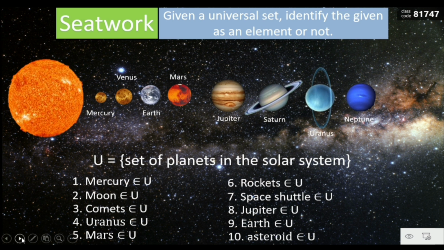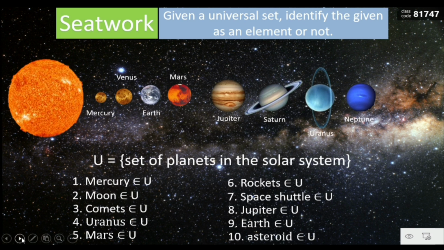The answer is no. Number four, Uranus is an element of the universal set. The answer is yes. Number five, Mars is an element of the universal set. The answer is yes. Six, rockets is an element of the universal set. The answer is no.